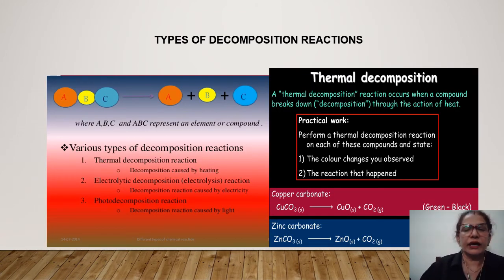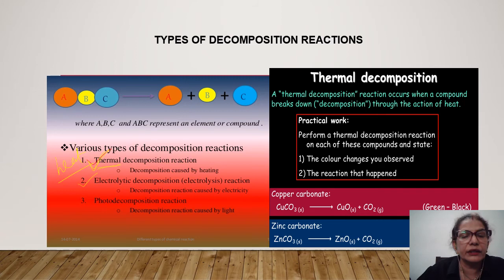Now, as we have seen, there can be three types of decomposition reactions depending on the condition in which it is decomposing, whether it is using heat, light, or electricity for decomposition. Thermal decomposition is when the decomposition takes place in the presence of heat. The name means heat. Whenever a decomposition reaction takes place in the presence of heat, it is known as a thermal decomposition reaction.